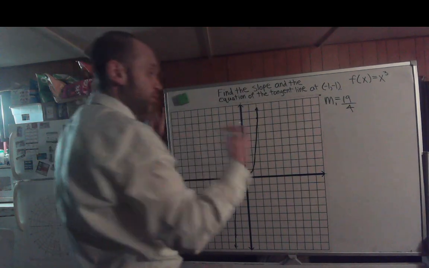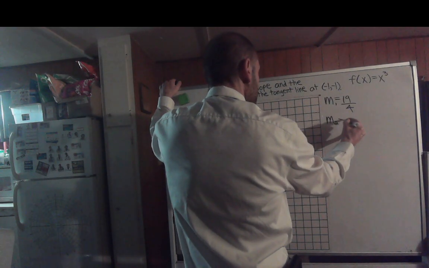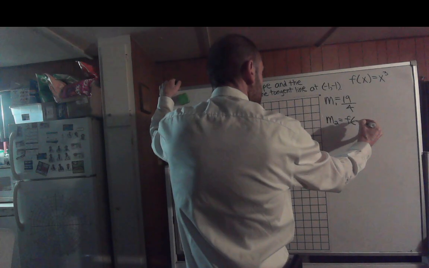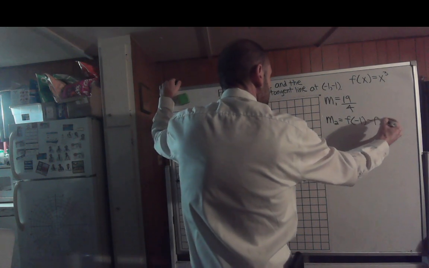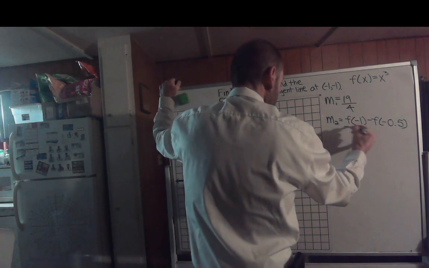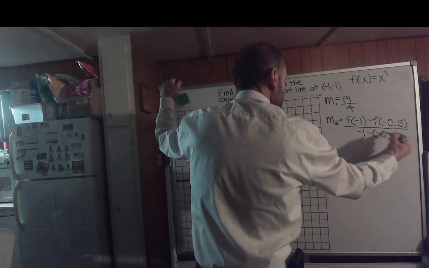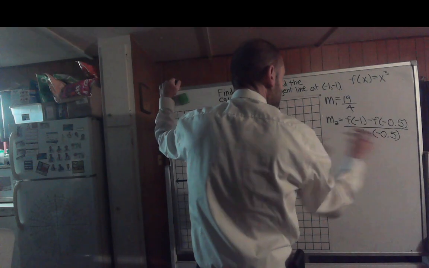Now what if we went ahead and found the slope of the line from -1 to -0.5? So the second slope would be f of -1 minus f of -0.5 divided by -1 minus -0.5.